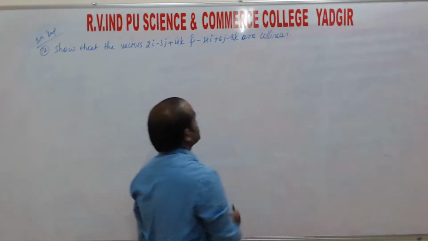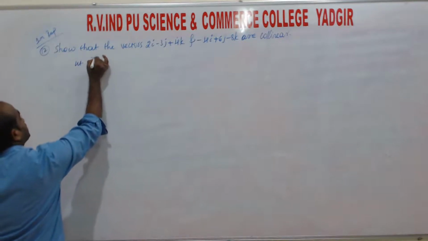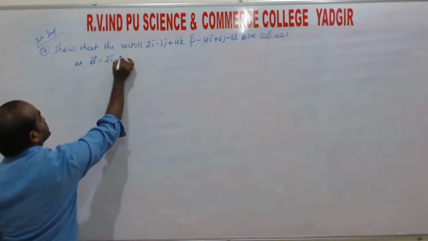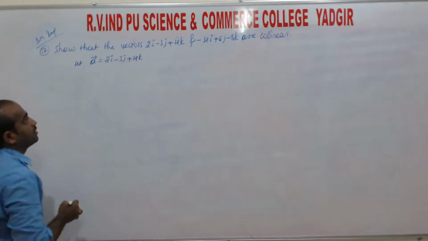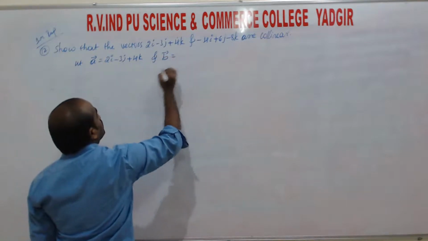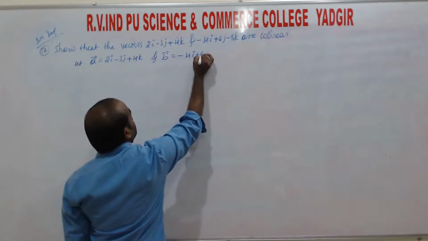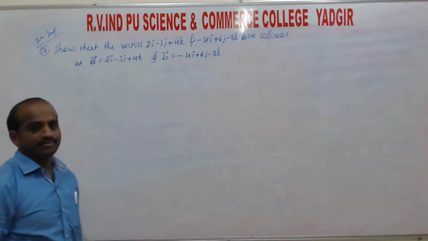This type of discussion we are taking first. A vector is equal to 2i minus 3j plus 4k, and b vector is equal to minus 4i plus 6j minus 8k.